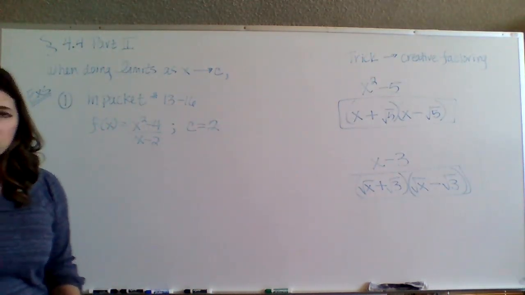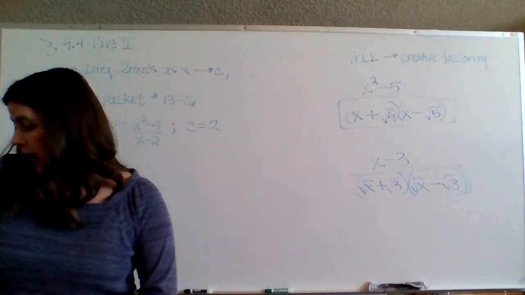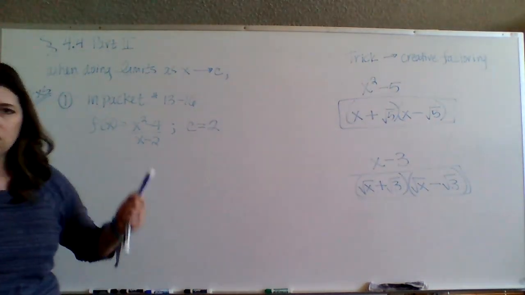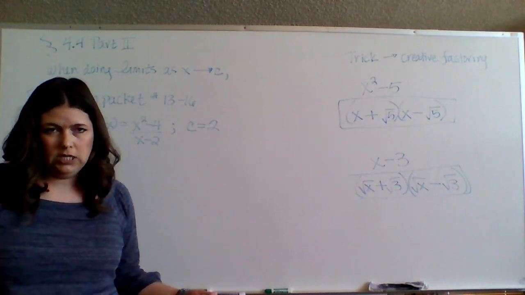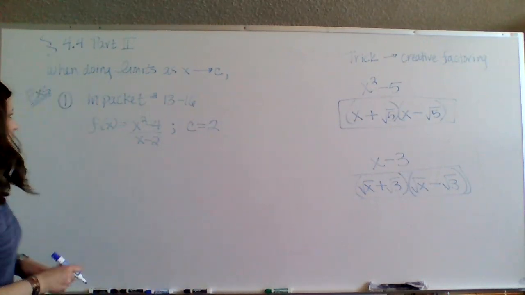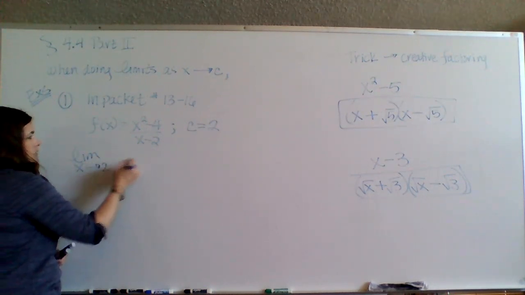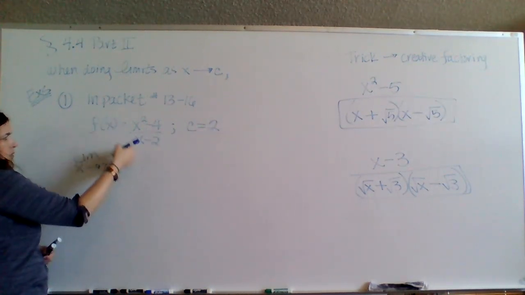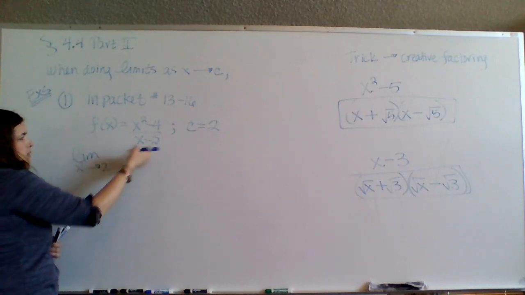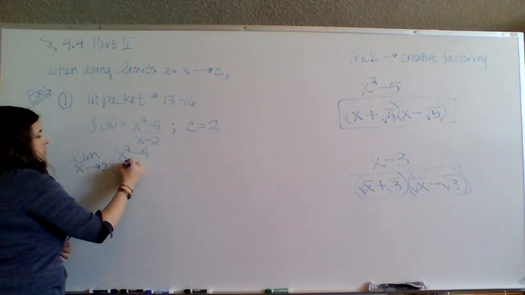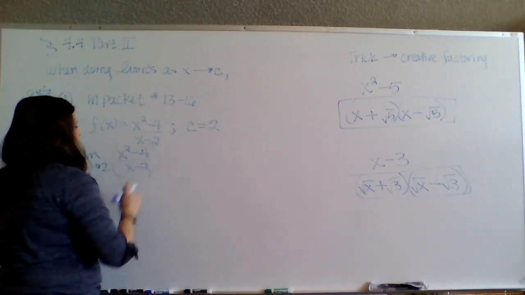In the directions, they're asking you to find the limit as x approaches c of this function. So the first thing you want to do is change it into limit notation. So we want the limit as x approaches our c, here's our c, of this rule. Don't put f of x there, because we want to put in our rule: x squared minus 4, the rational function over x minus 2.